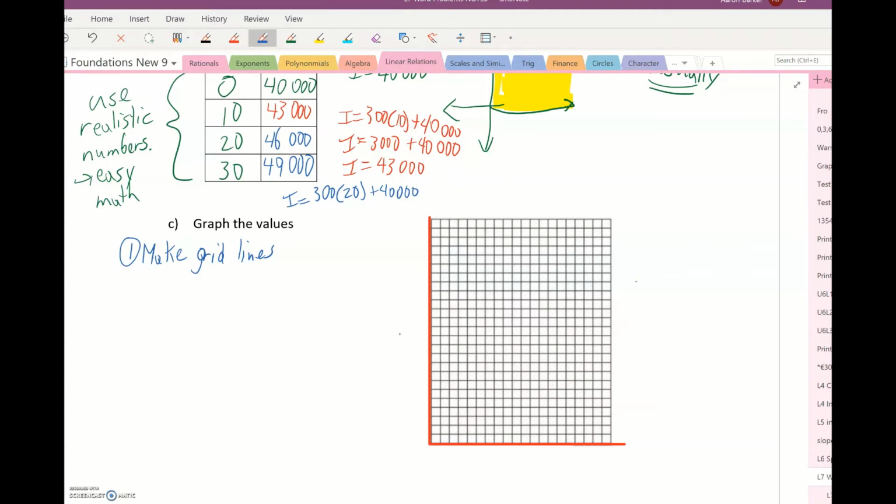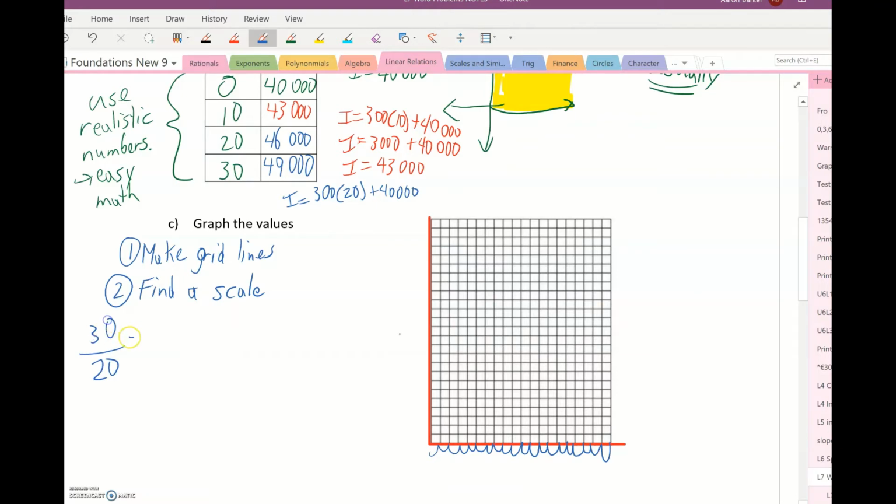So for my scale, find a scale that works. So I have 10, 20, 30. Counting my squares, I got 1, 2, 3, 4, 5, 6, 7, 8, 9, 10, 11, 12, 13, 14, 15, 16, 17, 18, 19, 20. So I have 20.